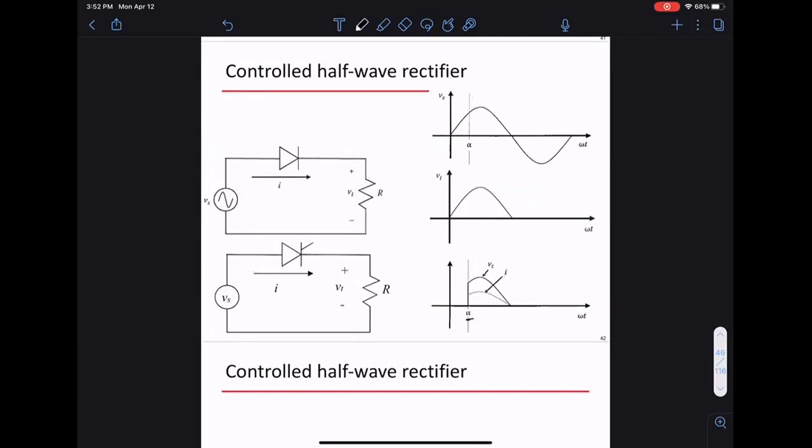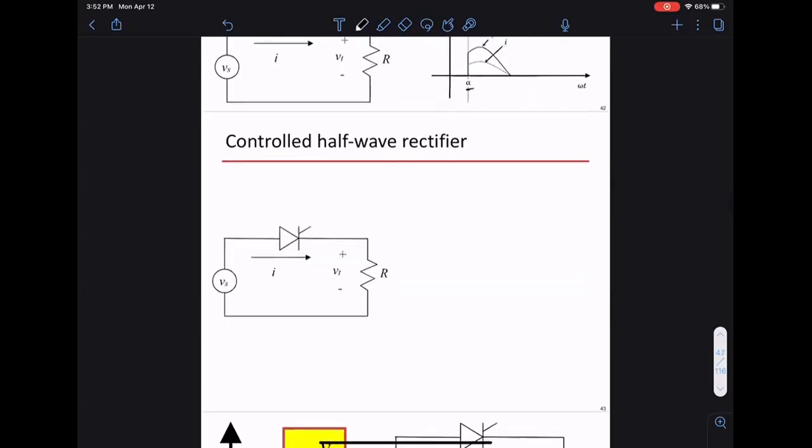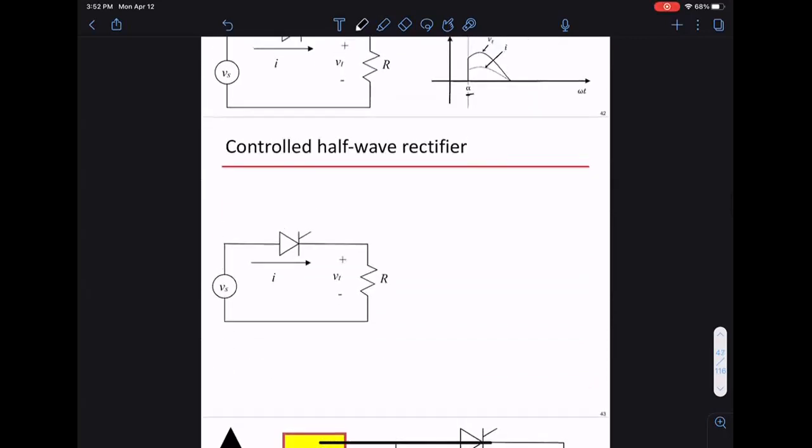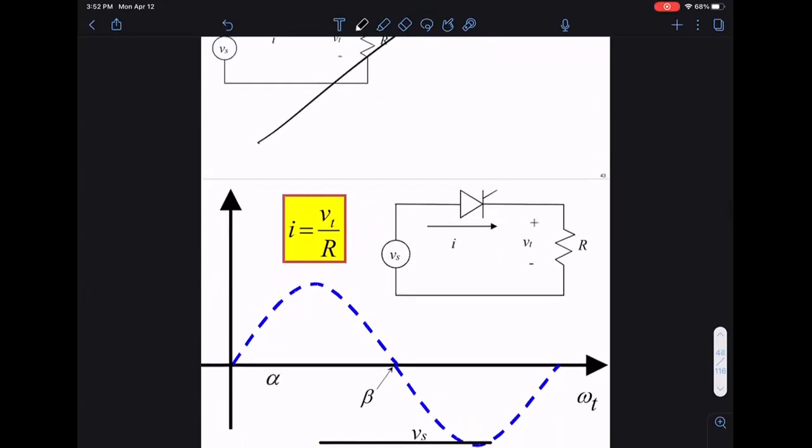So let's say what happens when it turns on at the angle of alpha. The current follows a very similar profile as the voltage.